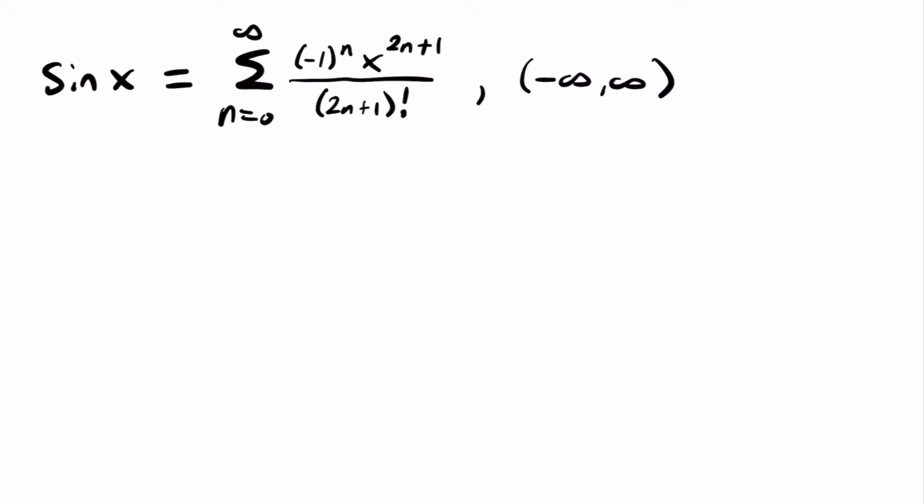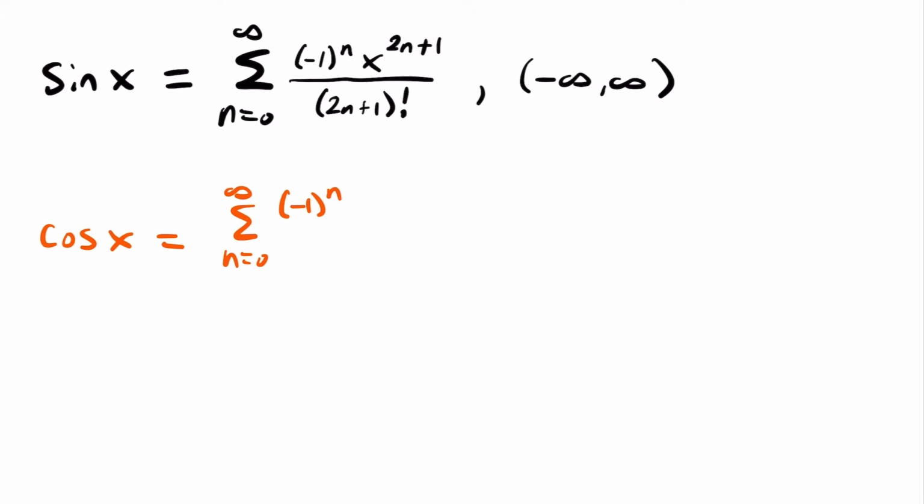Right, so if we differentiate both sides here, the derivative of sine is cosine x, and so that will be equal to the derivative of this power series, which if we use the power rule for derivatives, we will have the sum from n equals 0 to infinity of negative 1 to the power of n times the derivative of x to the power of 2n plus 1.